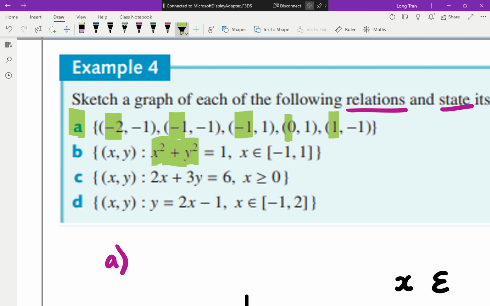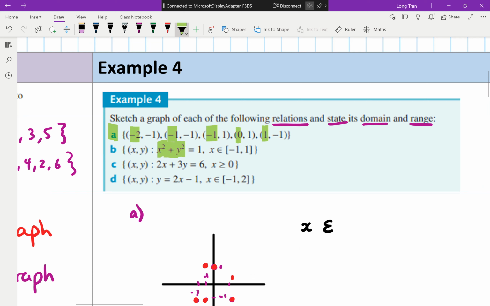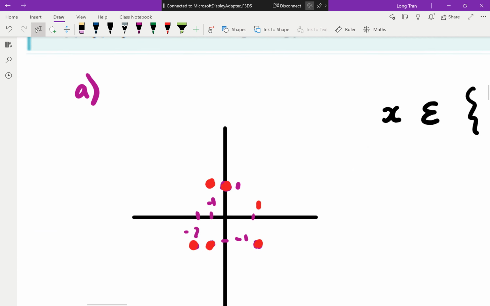Well, greatest value is 1. So when I list this, I would list it as X is an element of {-2, -1, 0, 1}. And the reason why I'm identifying them as a list is because these are just dot points.